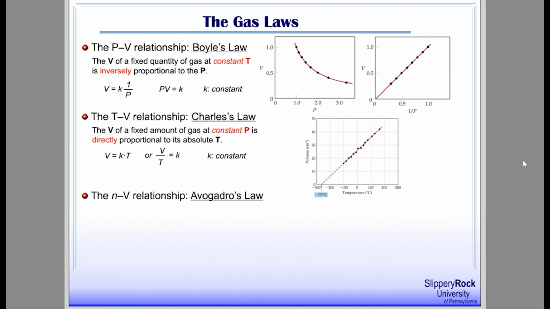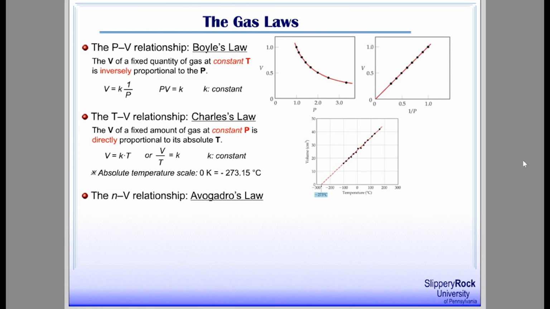Take a note that the red best fit line is extended and crosses the x-axis, or axis of temperature, at -273.15 Celsius. This is called absolute zero, or 0 Kelvin. So 0 Kelvin is equal to -273.15 Celsius. Be aware that the temperature in Charles' law is in absolute temperature scale.